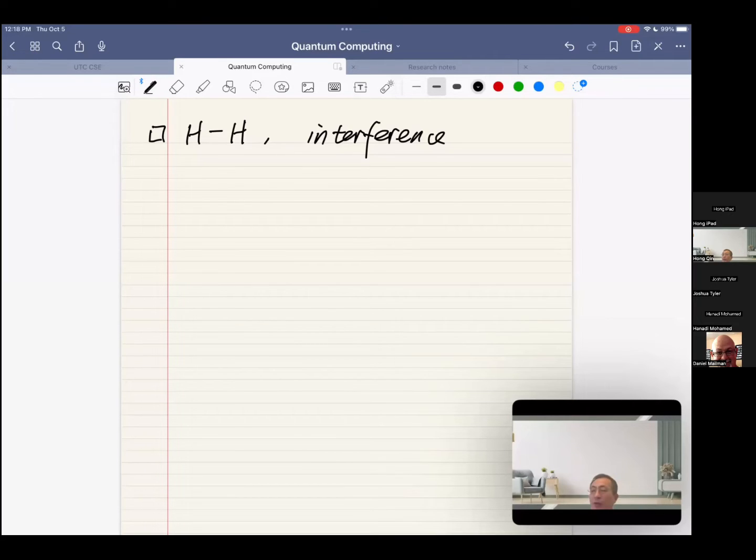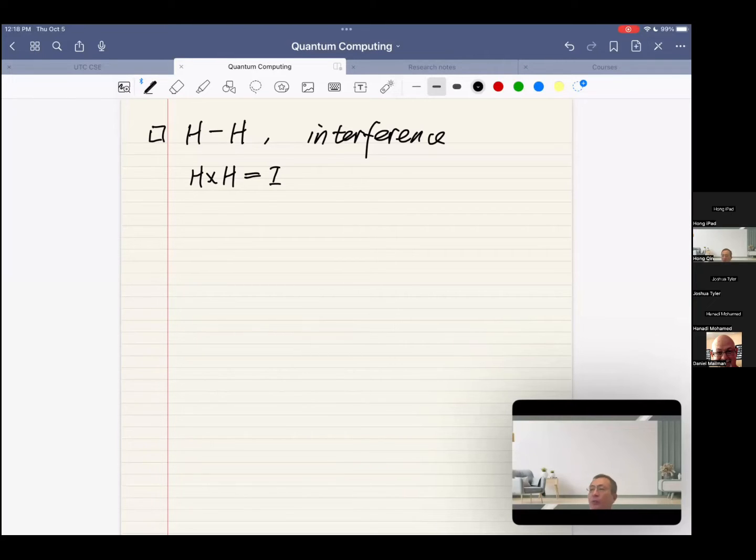Apparently, if we apply the Hadamard gate twice, it basically becomes the identity transformation. So I guess mathematically that's the case.